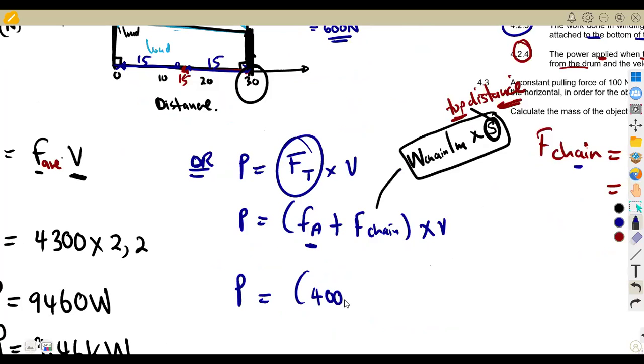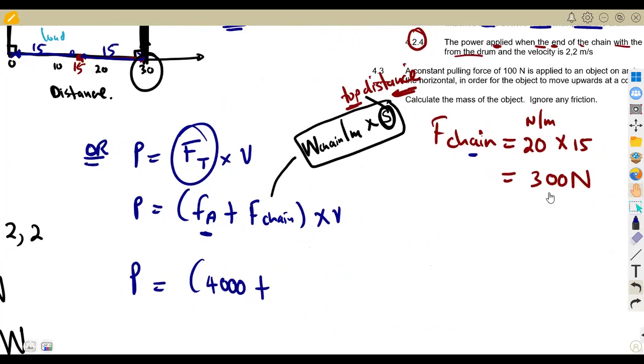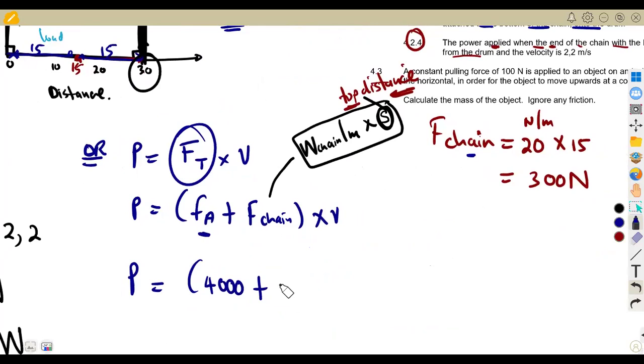So we've got 4,000 for the load plus the force of the chain, which is the weight of the chain from the top distance, 300 Newton, times the velocity in meters per second, which is 2.2 meters per second. Guys, we are going to obtain the same answer as that one.